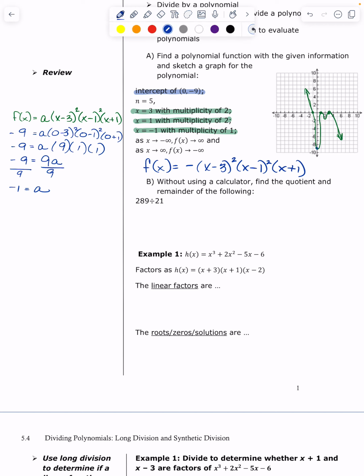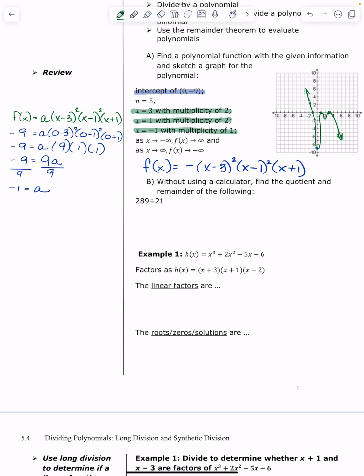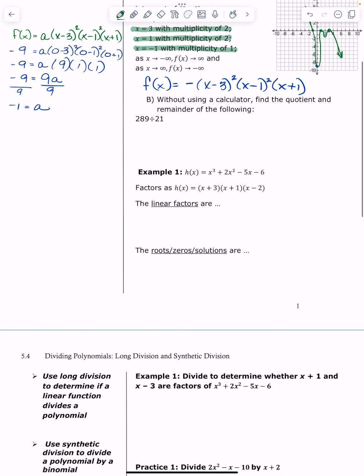For b, we want to see what we remember about long division. It's important that we don't use a calculator for this because we are going to model this with the polynomials. We start with the furthest most left. 21 goes into 28 one time. Put my 21 underneath, I subtract, I get 7, 9.